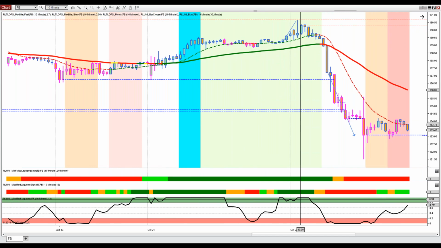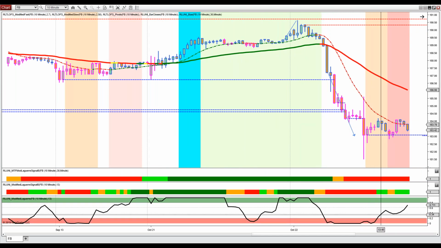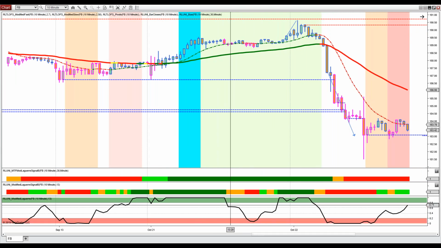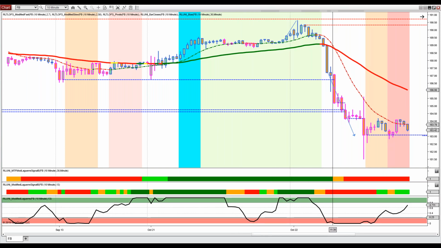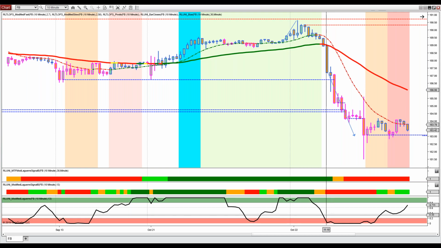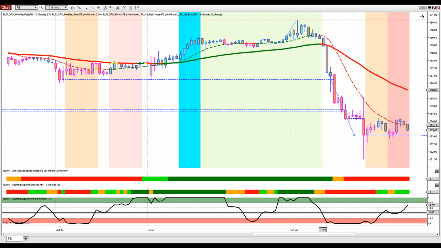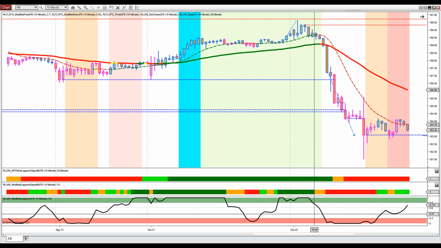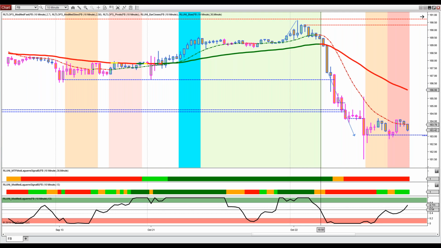Remember, every oscillator traces out a %K line. And although we've modified the Laguerre considerably, it still has a %K line that tells us the direction of momentum. And you can see as soon as it crosses the 80 line, this signal line here goes to orange, telling us that the Laguerre has crossed the 80 and is heading down.